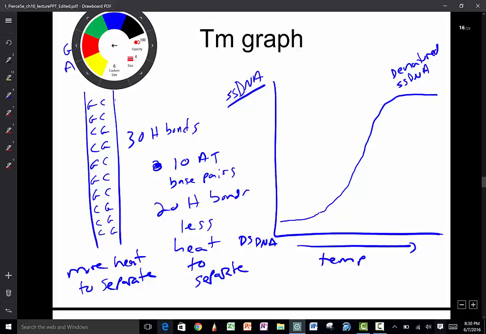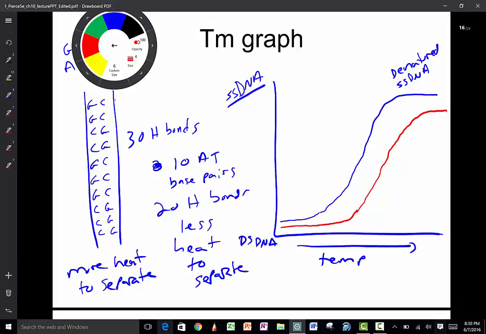You might have another molecule that starts out this way, and then it doesn't start becoming single-stranded DNA until later, until there's more heat added to the system. So of these two molecules here, we've got a lot of GC content or a lot of AT content.